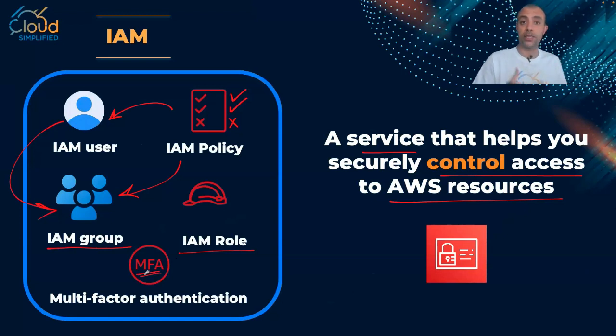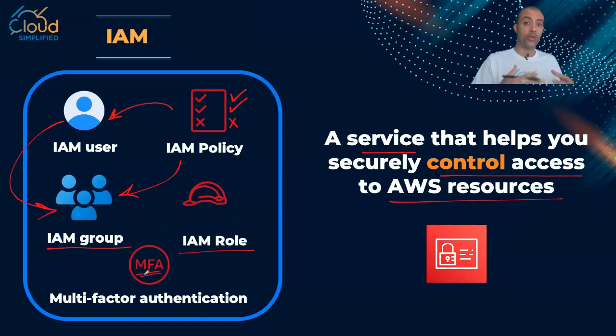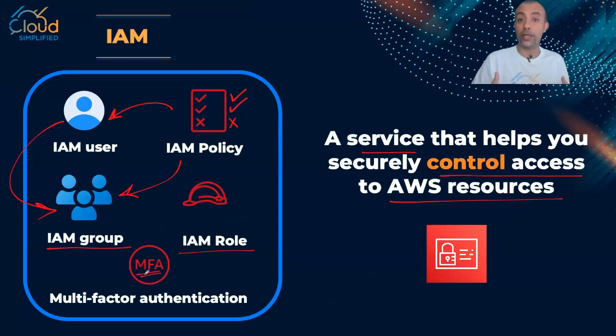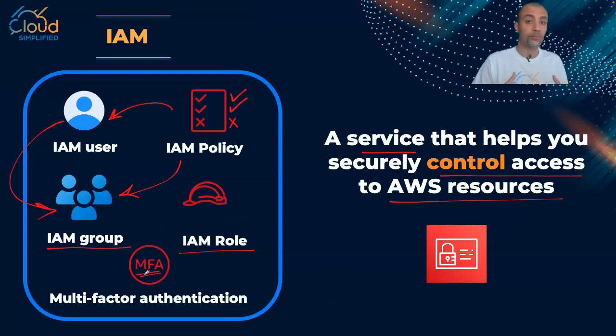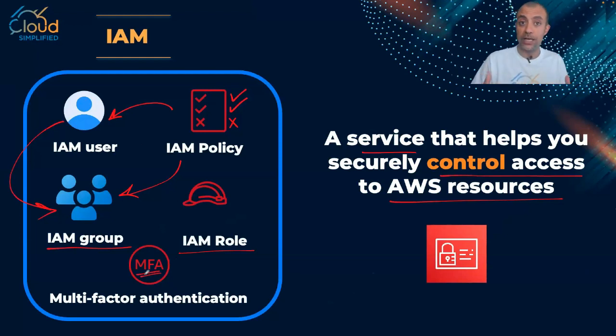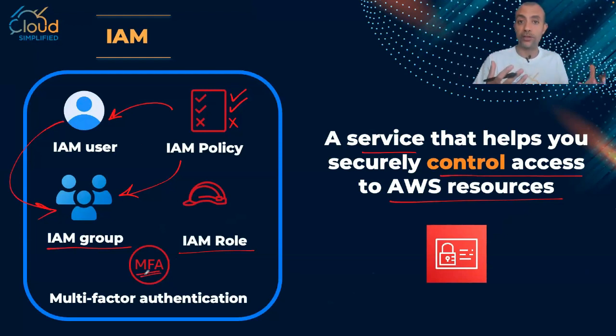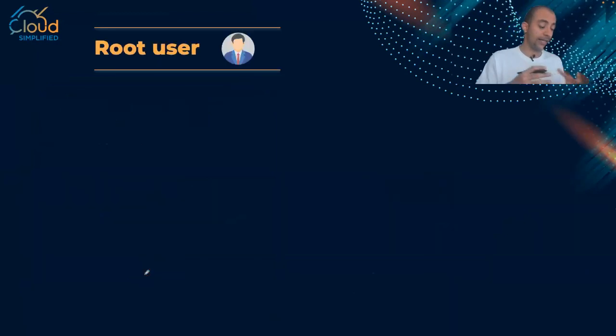And this is very simply, MFA means now in order for me to log in to my AWS account, it's not only a username and password, but then it will take me to a second step where I need to provide what we call my OTP, or my one-time password, and then these two together form the multi-factor authentication.